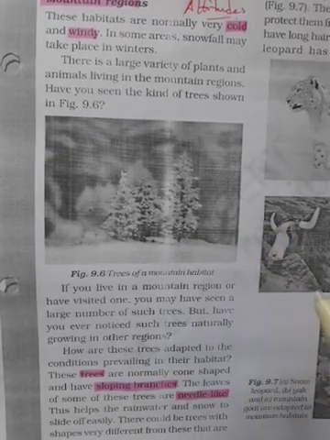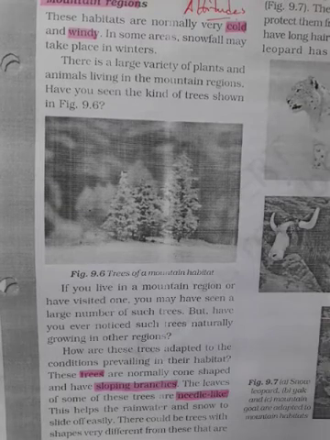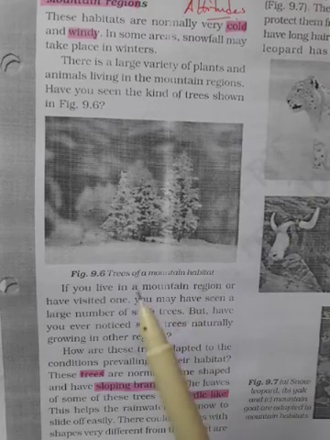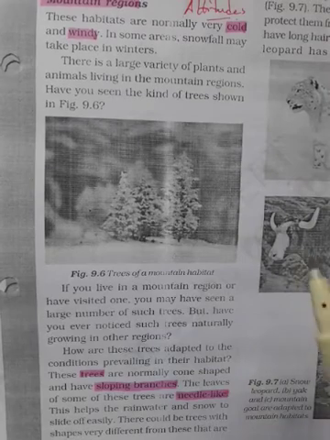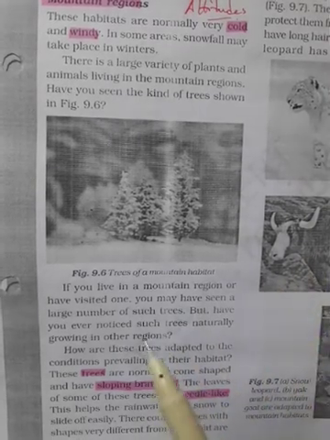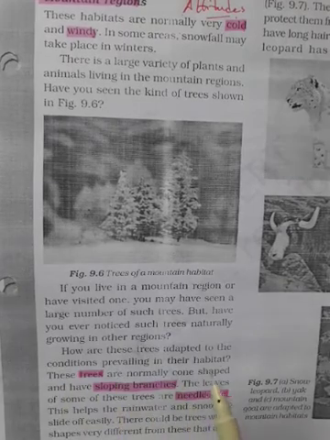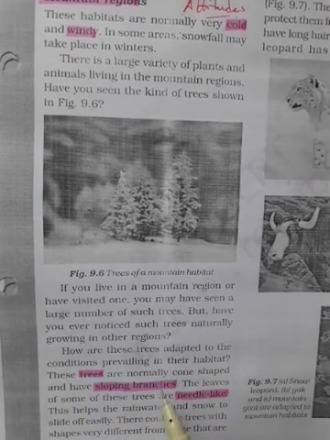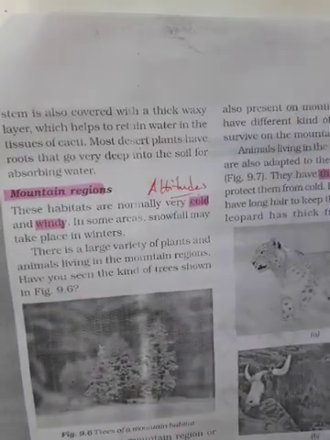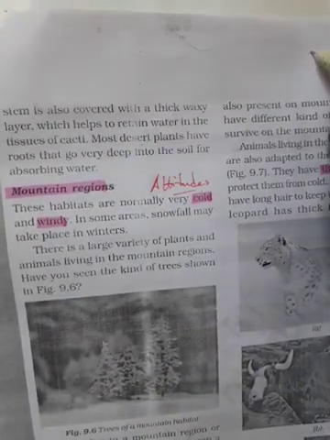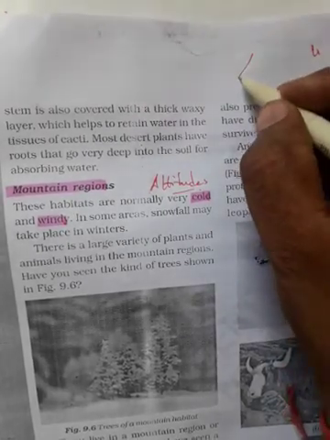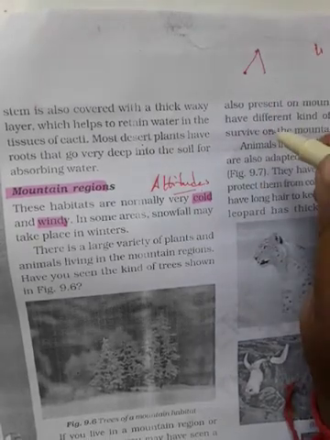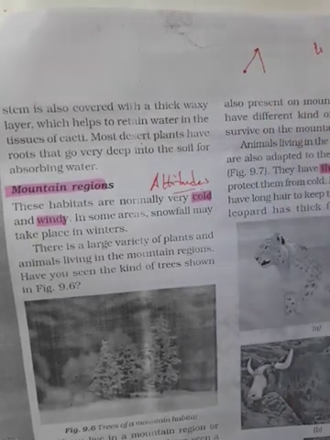In the mountain region the vegetation is very little due to lack of soil and other minerals, but there are trees that can adapt to the mountain region also. The peculiarity is that trees are normally cone shaped and have sloping branches. What do you mean by cone shape? Cone shape means like a cone.